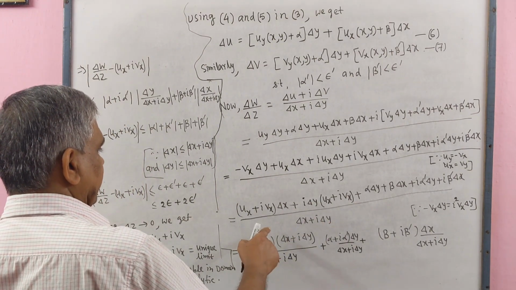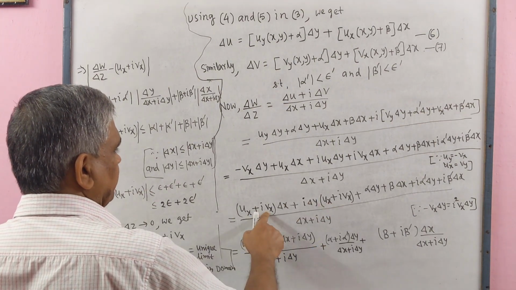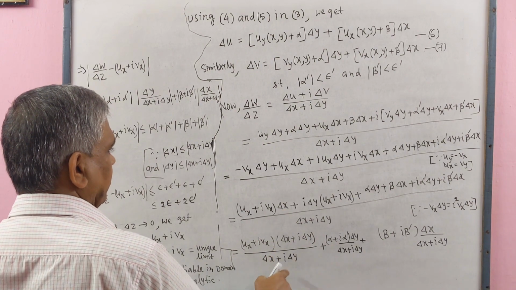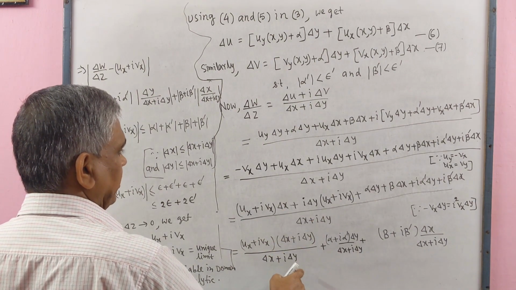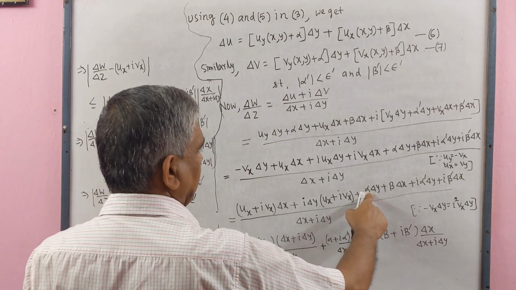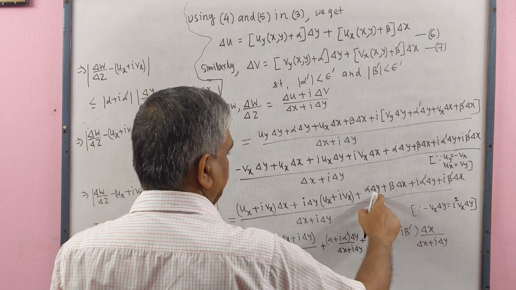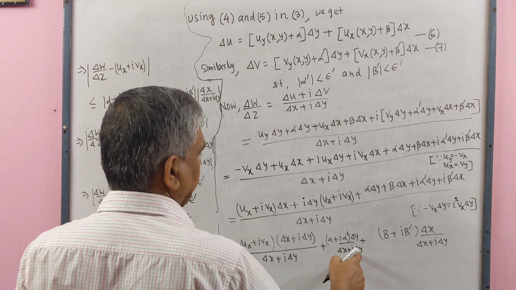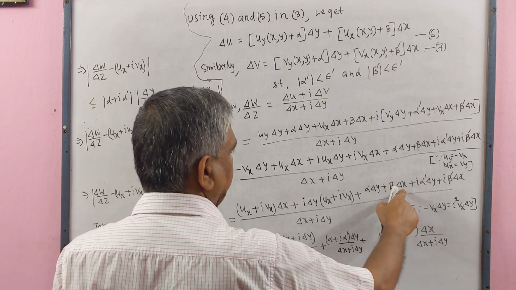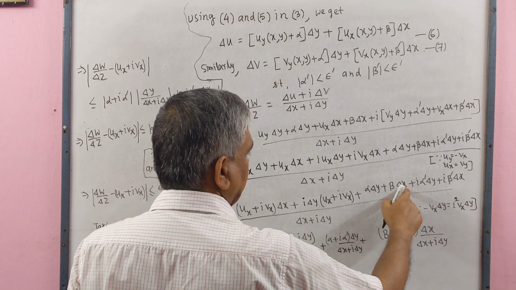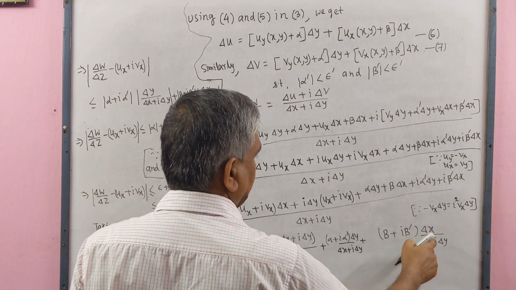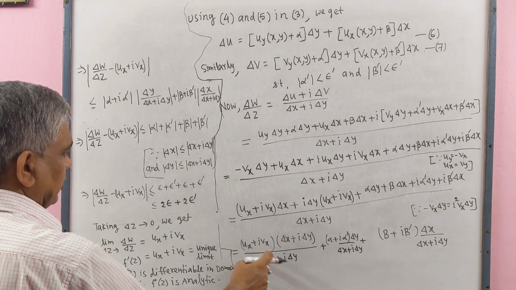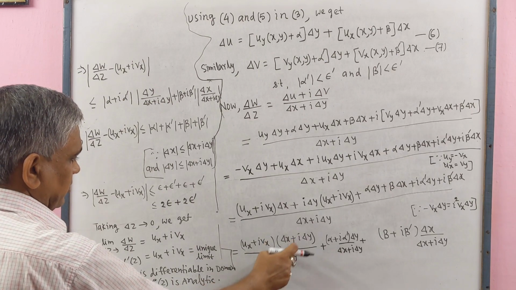Here we see the common ux plus i vx, so remains delta x plus i delta y by delta x plus i delta y. Here we take delta y common: (alpha plus i alpha') delta y by delta x plus i delta y. And common delta x from these two terms: (beta plus i beta') delta x by delta x plus i delta y. Here only ux plus i vx remains, this term cancels.